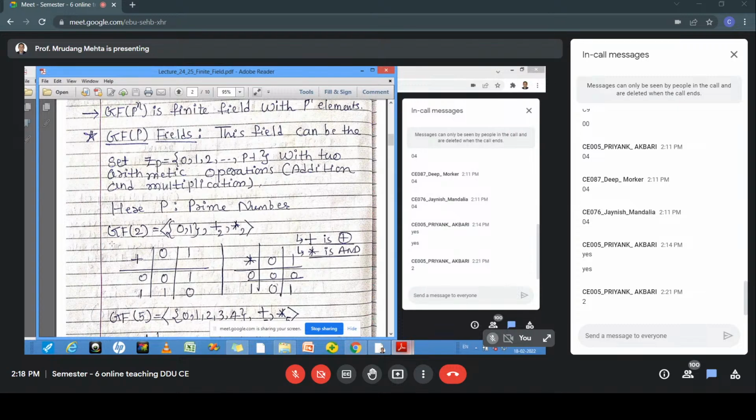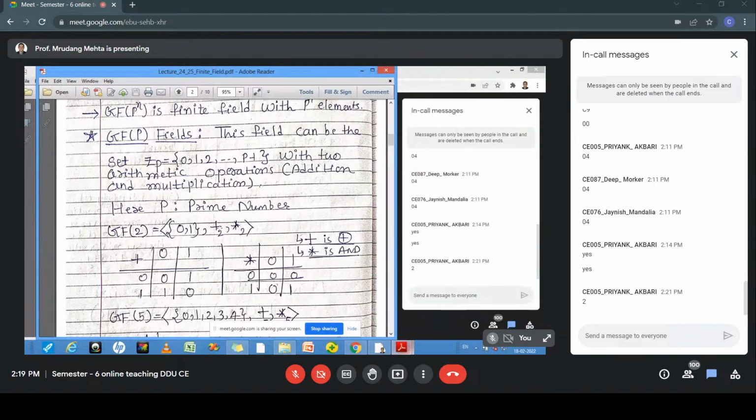So if we write GF(2), where p is a prime, 2 is a prime number, then we have a set of two elements, 0 and 1. If we write p, then we have p elements. And we define two operators.